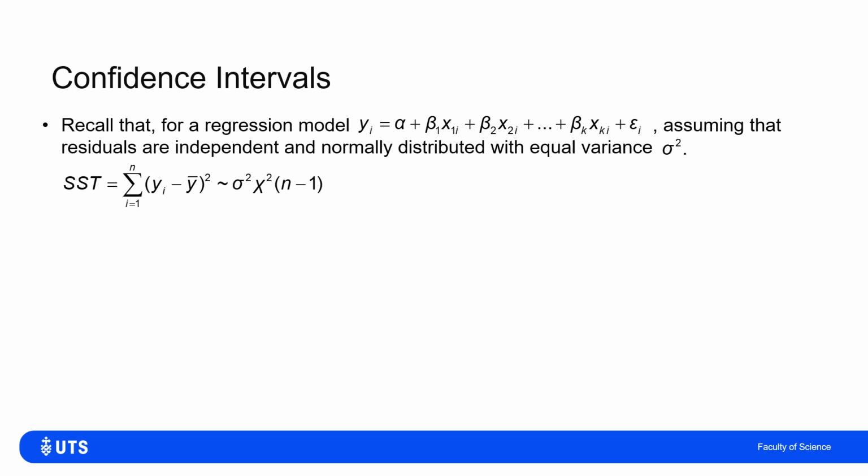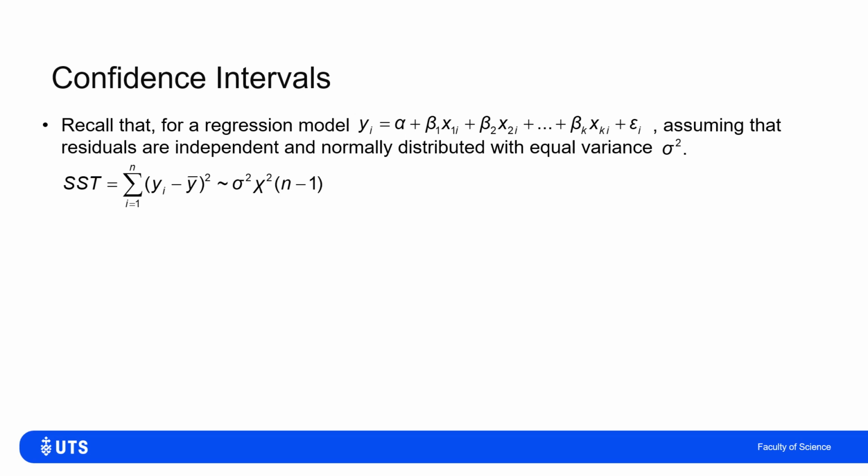We saw previously that for a linear regression model, even one with multiple slope parameters, if the residuals are independent and normally distributed with some constant variance, then the SST, the total sum of squares around the mean, would be approximately sigma squared times a chi-squared variable with n minus 1 degrees of freedom when I had n observations.